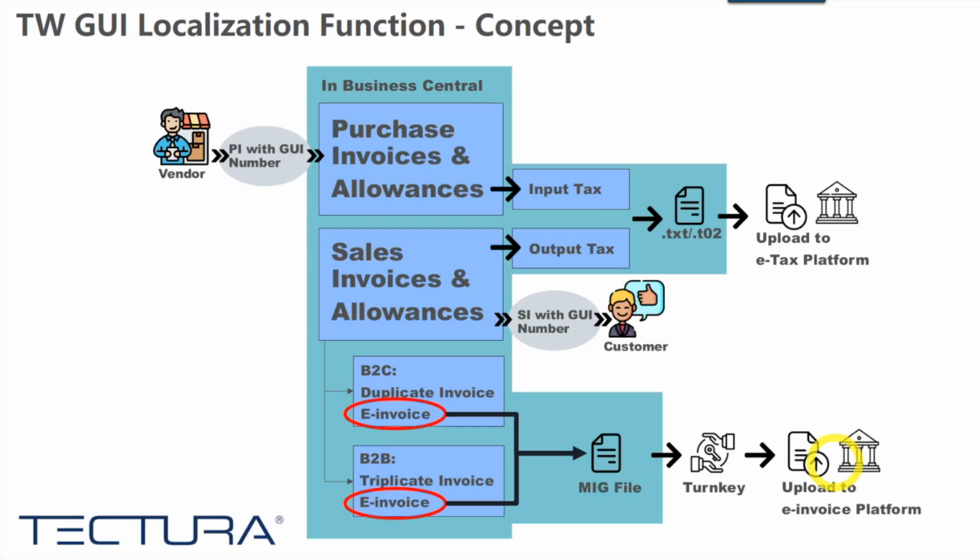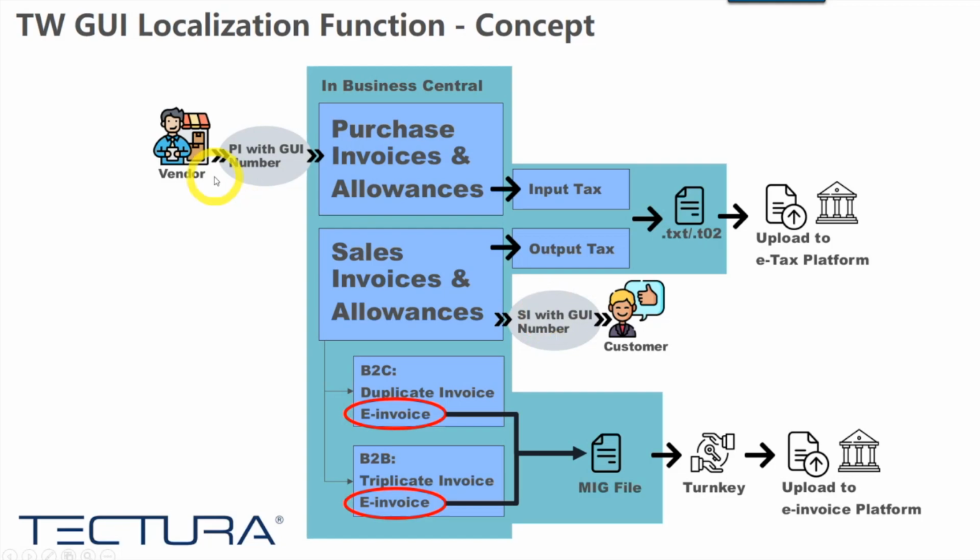For what Business Central can do, you can see on this slide, it is essentially covered by the ice cream color background. The things covered by this ice cream color background are what we can do in Business Central. For the daily processing, basically we purchase from the vendor, and we also sell to the customer.